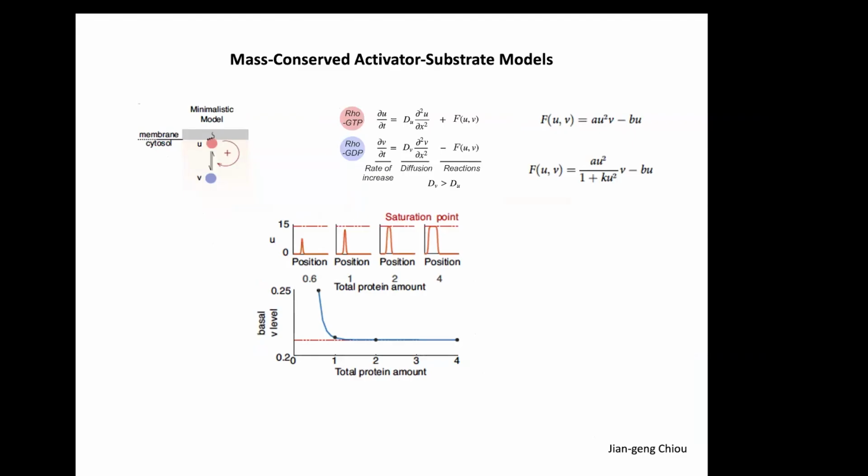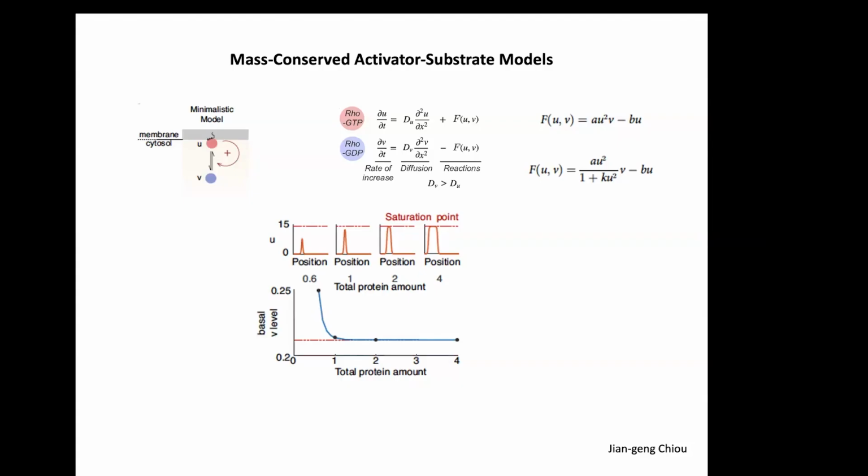What you can see is a positive feedback that's nonlinear in U squared, and a V there because you can only make more U by converting V to U. And then the reverse, U falling off the membrane to make V, is generally modeled as linear. Okay, and then for this one, you have a saturable positive feedback. And this gives what's being called the wave pinning model.